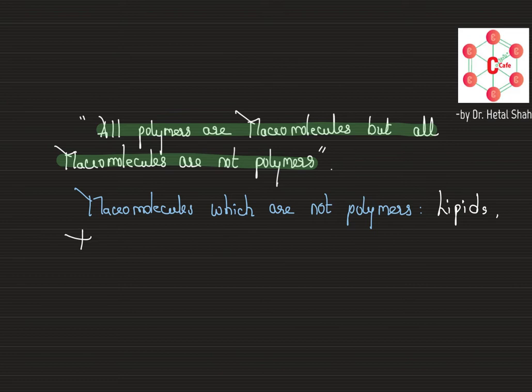Then hemoglobin. Again, a huge molecule, macromolecule, but not a polymer. It doesn't have proper repeating units. And then you also have chlorophyll, which is also not a polymer. It is a big molecule, it is a macromolecule, but not a polymer.